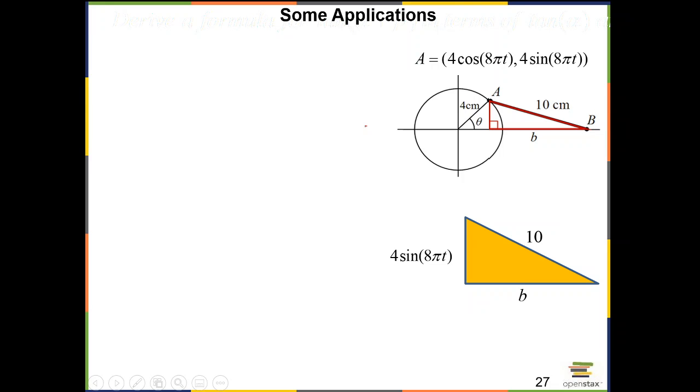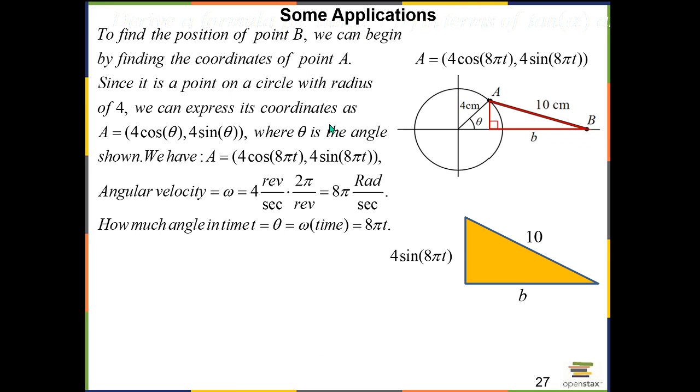So let's do that. Now, what is the linear velocity? Omega is 4 revolutions per second. But we want it in radians. So each revolution is 2 pi radians. So we write here 2 pi radians over 1 revolution, and the revolutions go away.